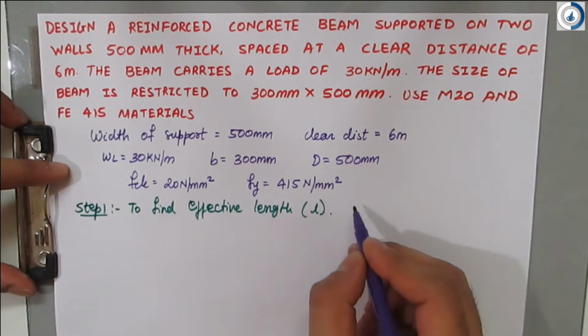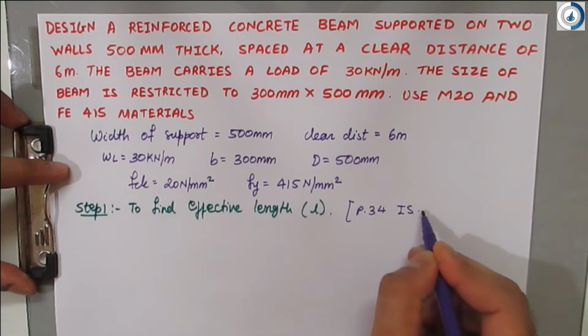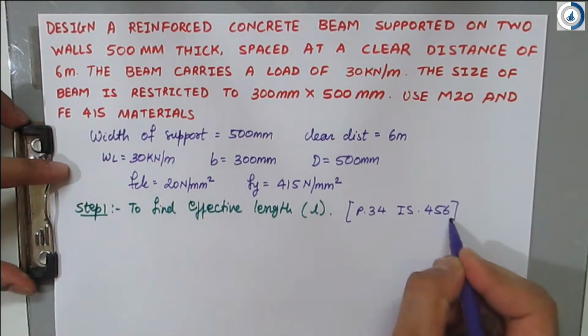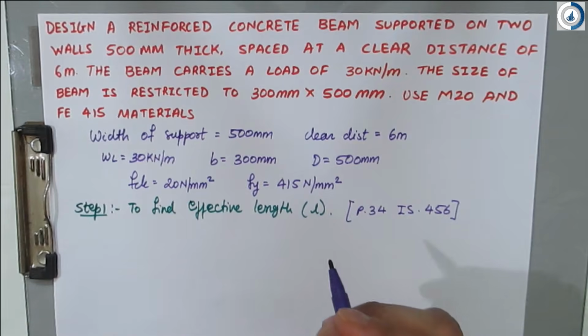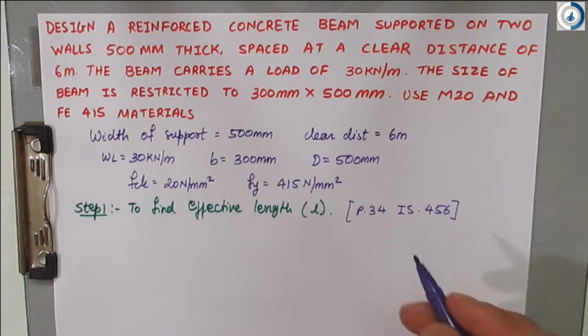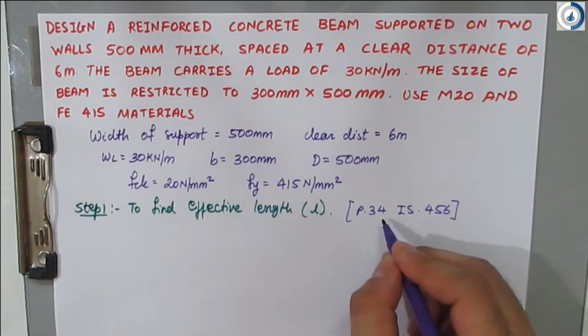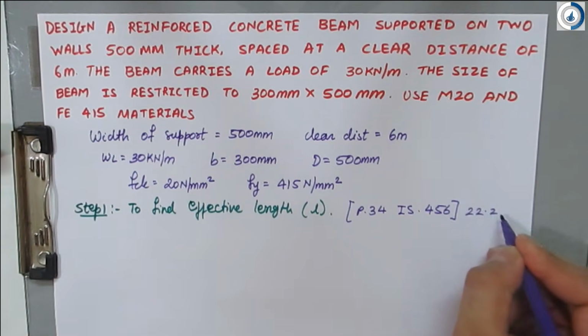For this you have to refer to page number 34 of IS 456. If you have gone through my previous RCC videos, in all the problems I have shown how the clauses are implemented, with page numbers and clause numbers also mentioned. It is on page number 34 of IS 456:2000, and it is clause 22.2.